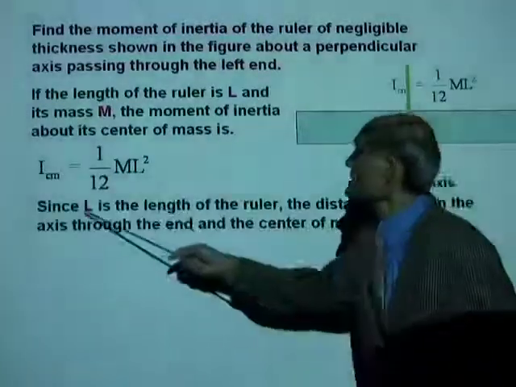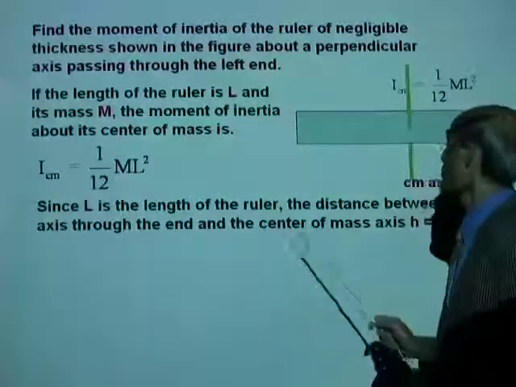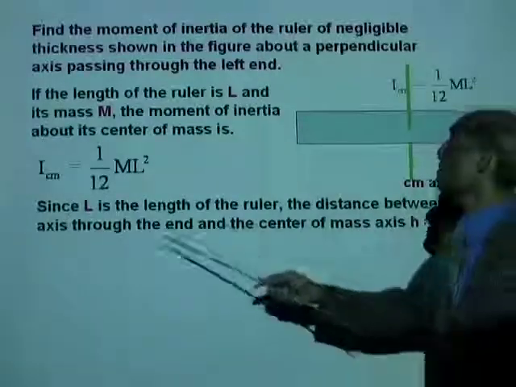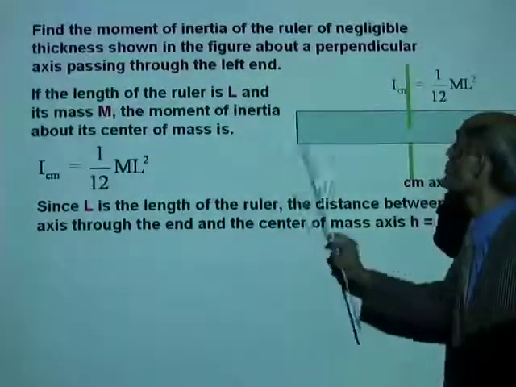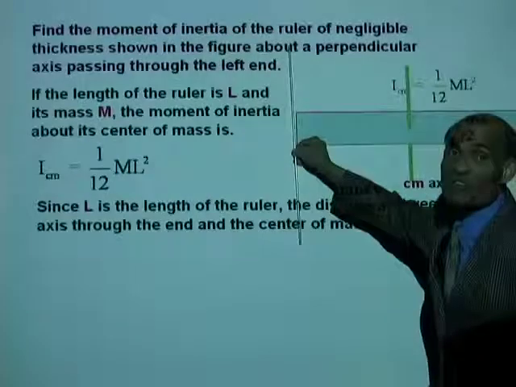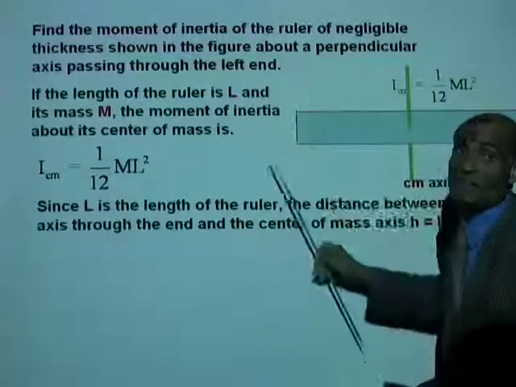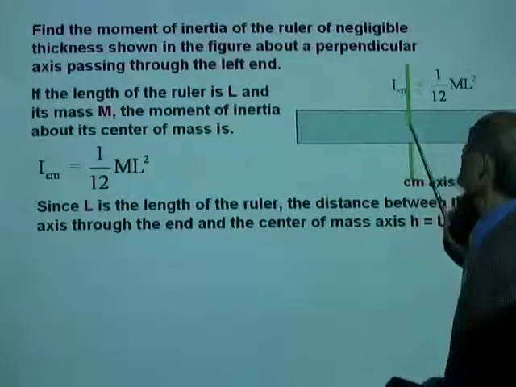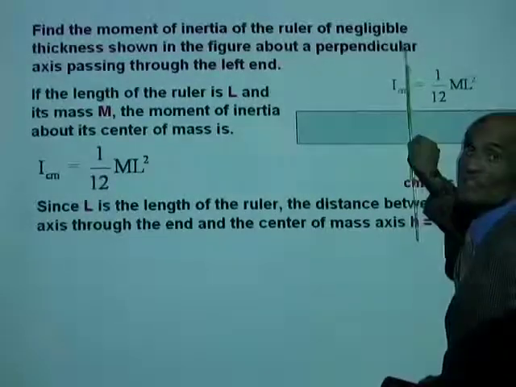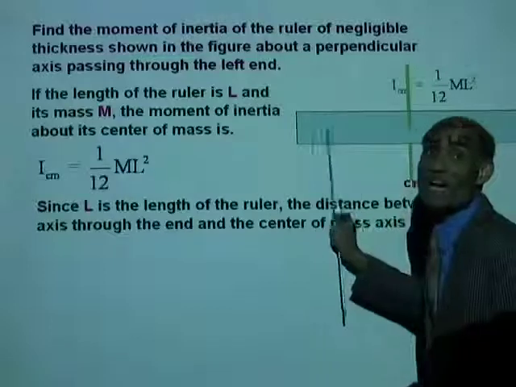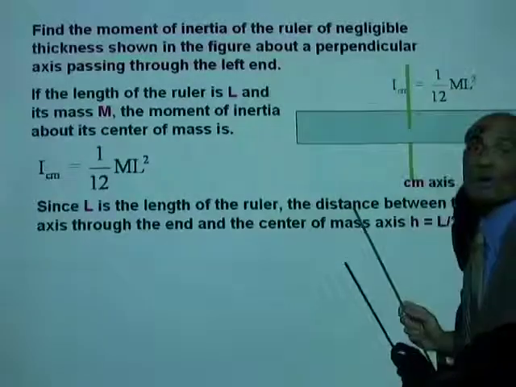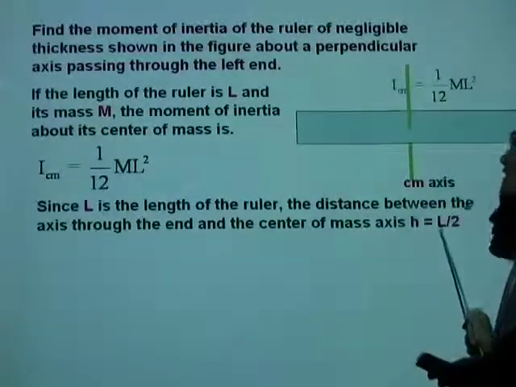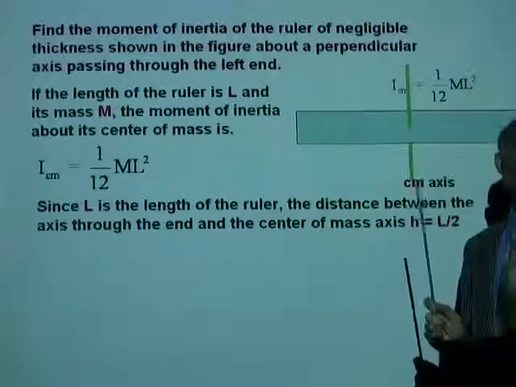Alright. Since L is the length of the ruler, if an axis is passing through an end, what is the distance between that axis and the axis at the center of mass? It will be half of the whole length. So h equal to L over 2.